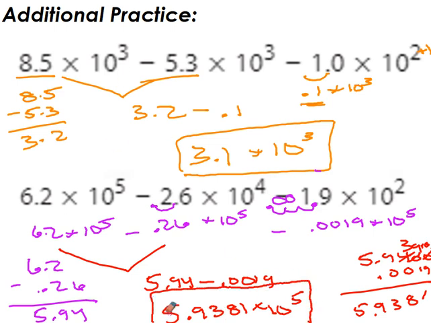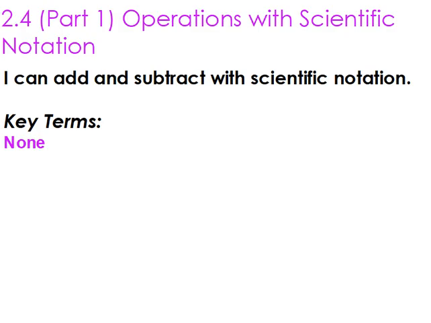Okay, and that's it. So biggest thing is your exponents have to be the same. Your exponents have to be the same. So what I want you guys to do actually, in your key terms, we're going to write down that rule.